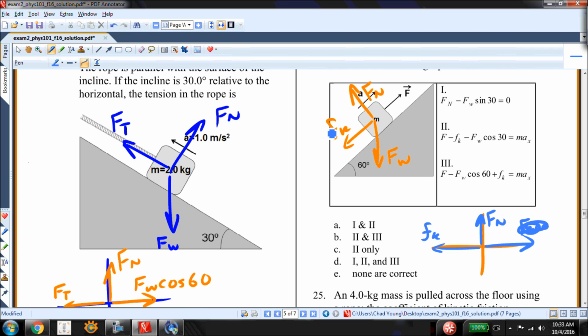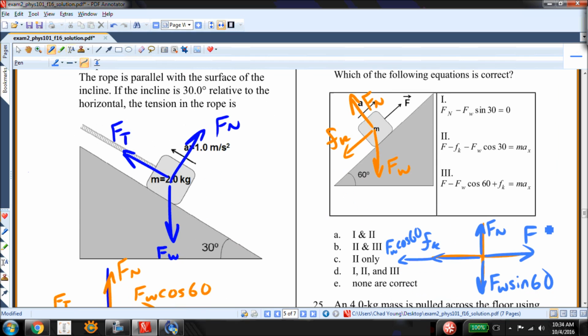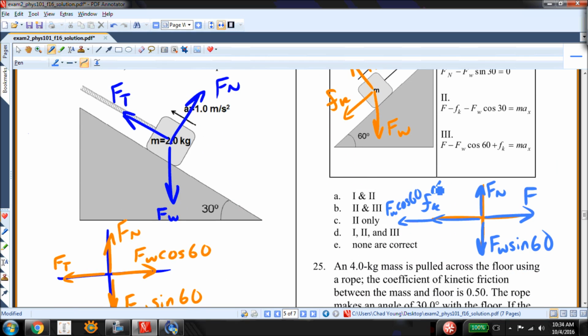Yes, it's moving up the inclined plane. So I have Fw cosine 60. And this is just F. It is moving up the inclined plane. Yes. Okay, so that's why my kinetic friction is in this direction, because it's moving up the inclined plane.